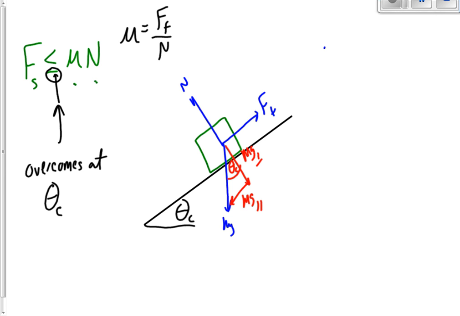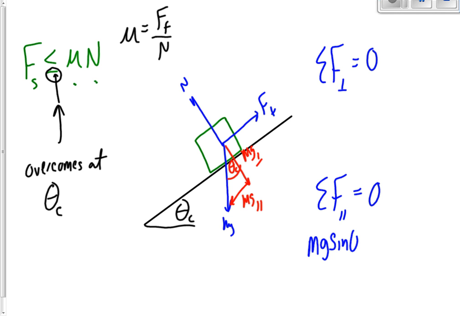So we could say that the sum of the forces down the ramp equals 0, and the sum of the forces along the ramp just broke 0. So this is going to be the maximum angle at which it won't slide. Then that means mg sine theta minus mu mg cosine theta has to equal 0, right?